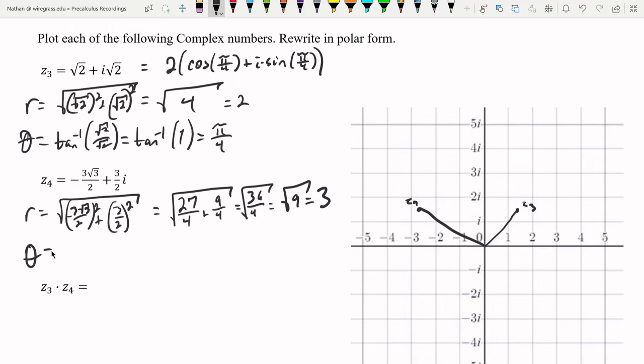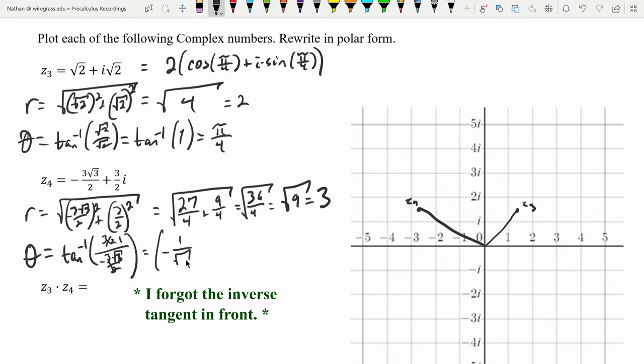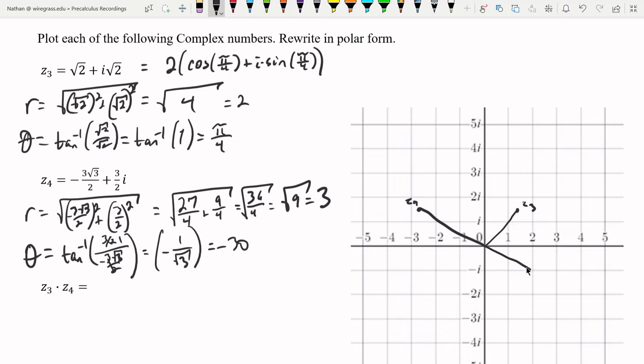And actually, when we find this, we're going to have to do extra work for it. So we're going to have y over x. And the 3/2 and the 3/2 actually end up canceling here. Just multiply by the reciprocal, and you're going to end up seeing it's going to be negative 1 over root 3. And this is true. Let's plug it in a calculator and see. It's going to give us a special angle. Gives us negative 30 degrees. So negative 30 degrees is this angle here, but we know that's not the correct angle. We want this angle.